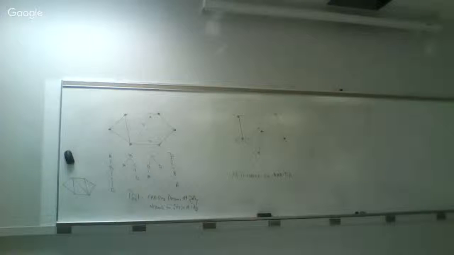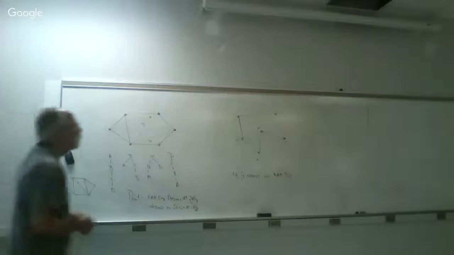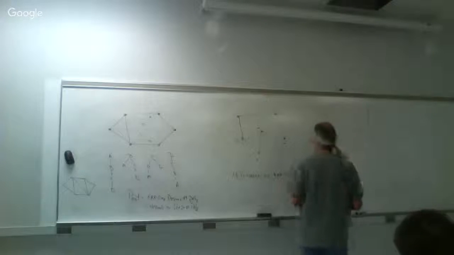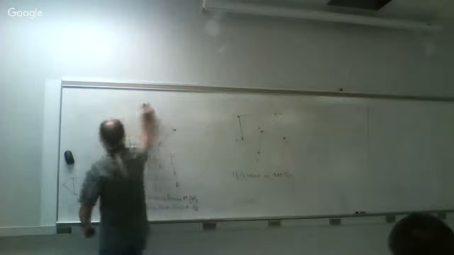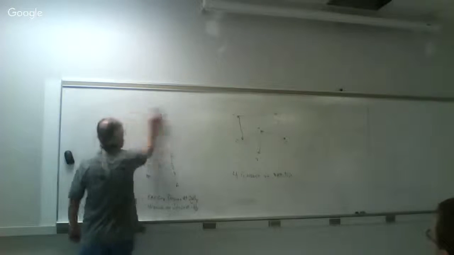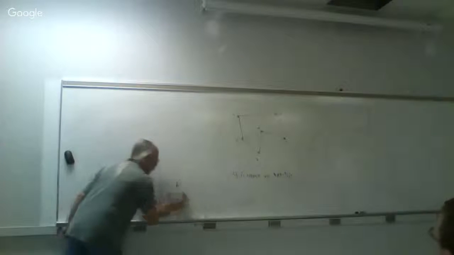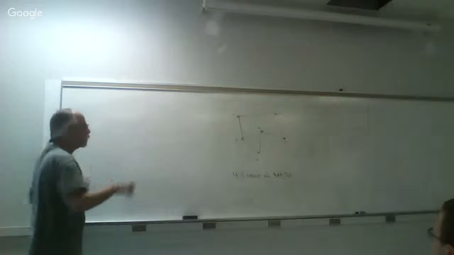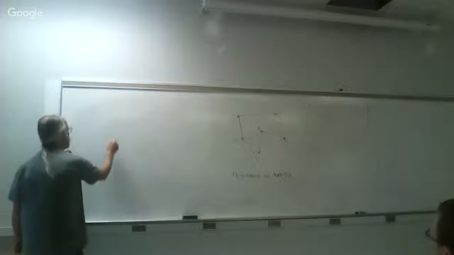What is the property that ear tips have that 4 doesn't? We think about an ear tip. Being an ear tip means that you've got 2 other guys associated with you, right?